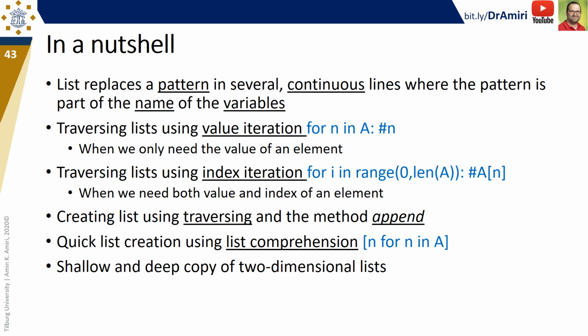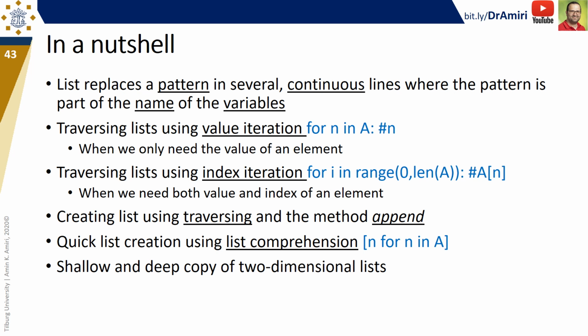To summarize what we learned in this video, first we learned what pattern can be replaced with a list: only if you see that the names of variables are being changed in several continuous lines, and those changes are only in the numbers that you have given to those variables.